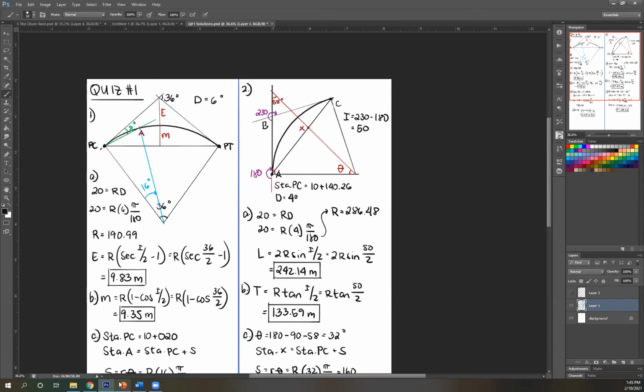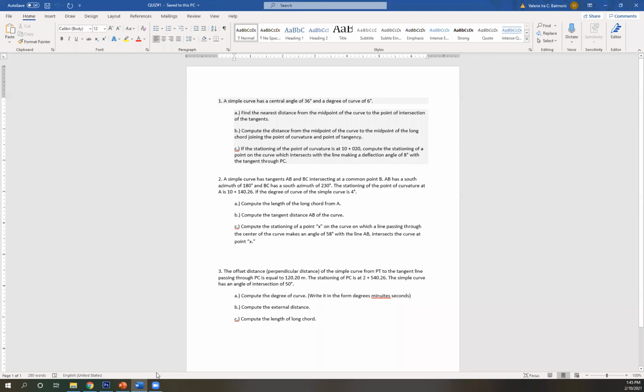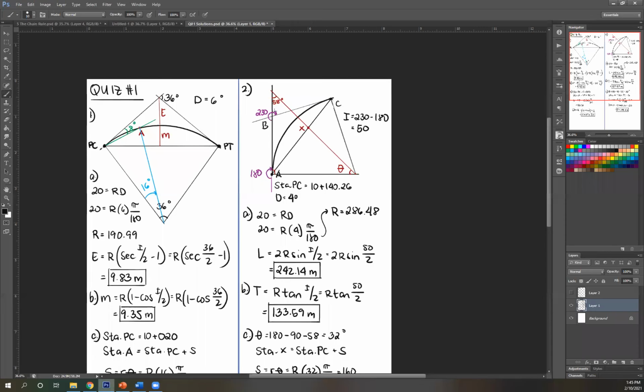Okay? And then another line, BC, has a south azimuth of 230. So since AB and BC connect at B, let's say this is your point of intersection. Okay? So you have this point of intersection, south line. So from B, measure 230 degrees.